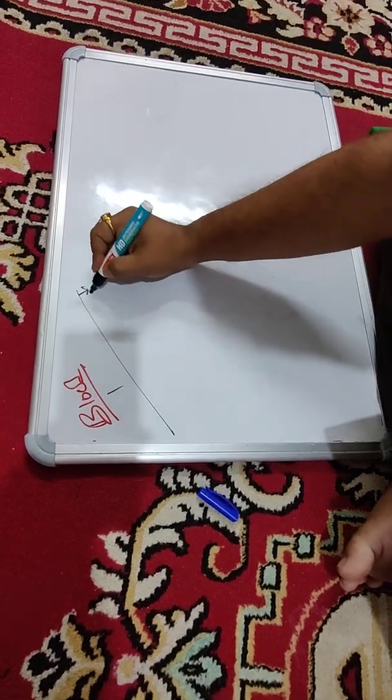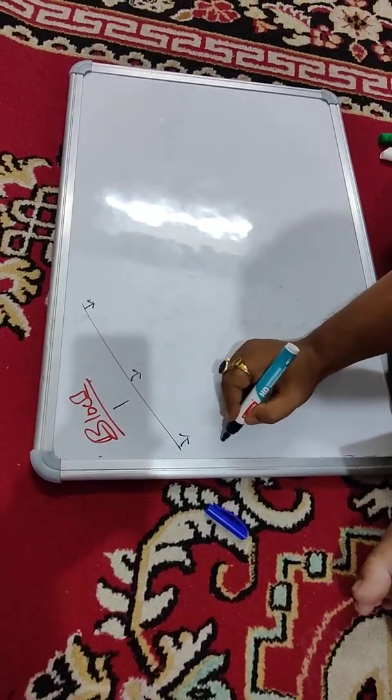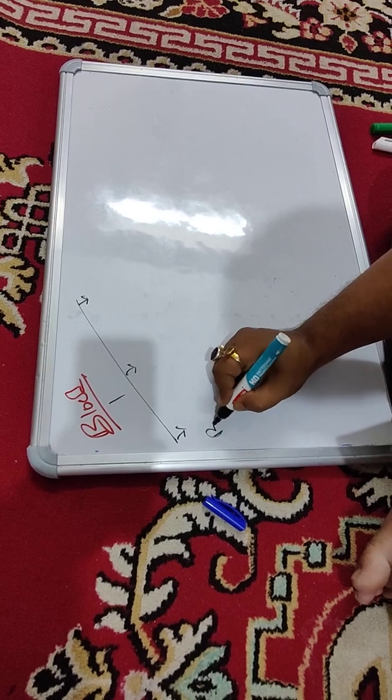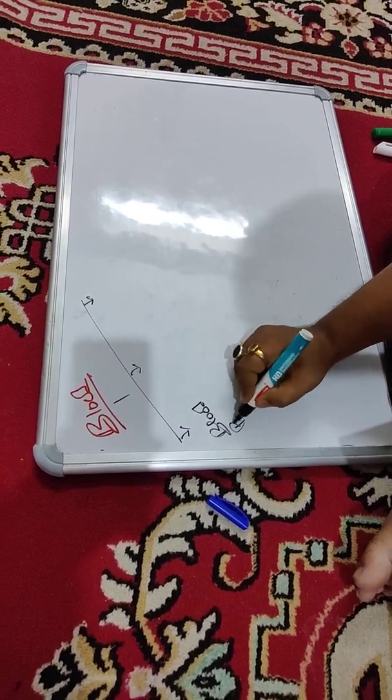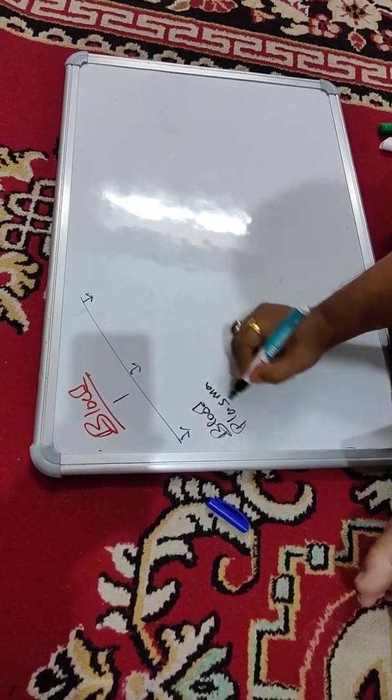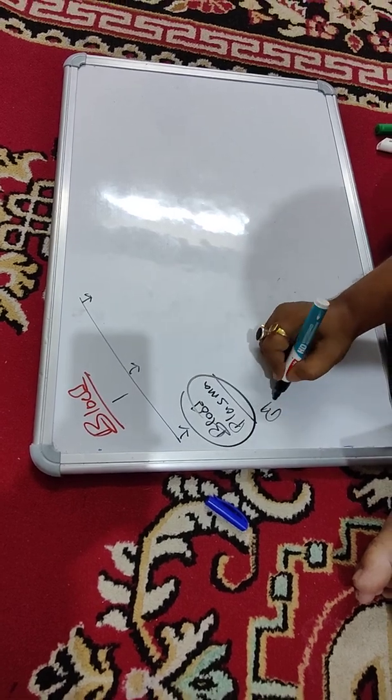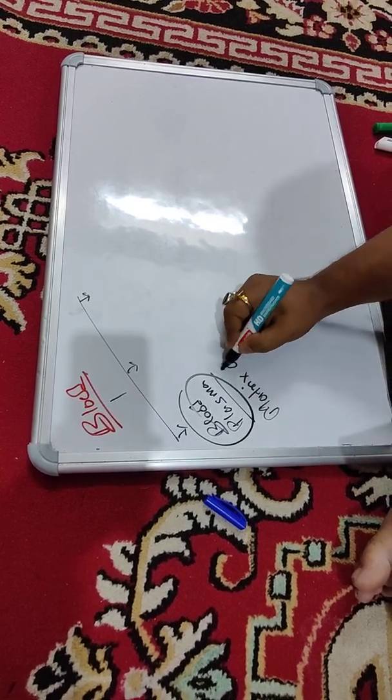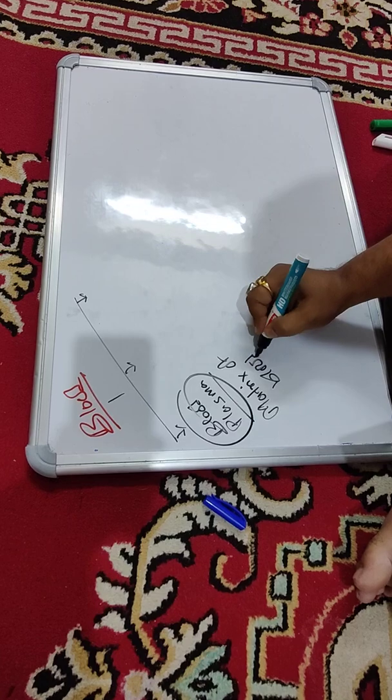Blood is made up of three basic components. The blood plasma, which is the matrix of the blood. I'll tell you the meaning of matrix of blood.